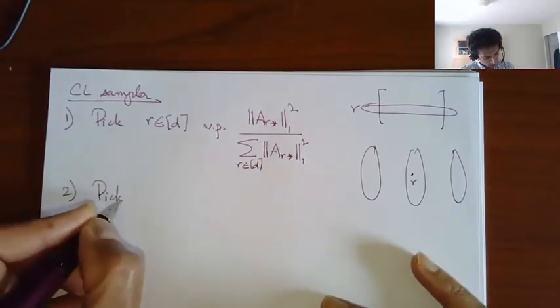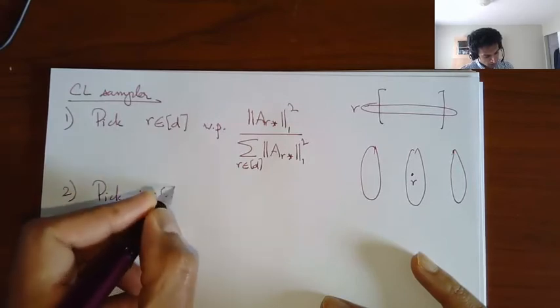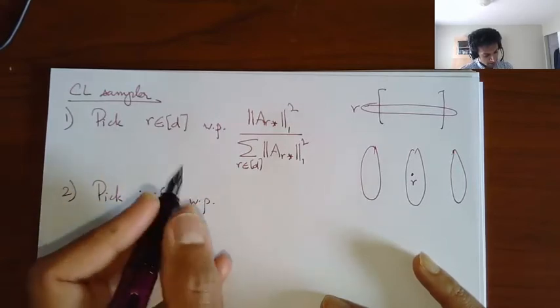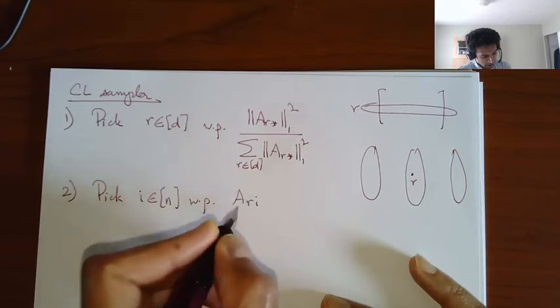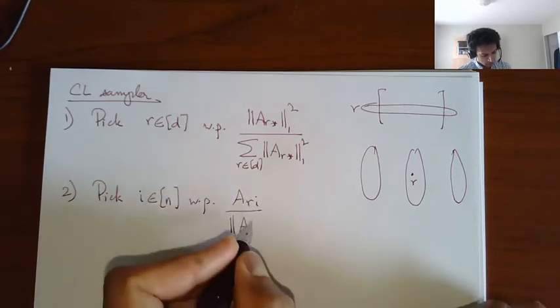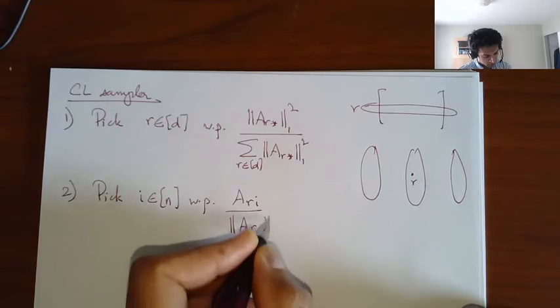Then I pick an i in n with probability A r i divided by the sum of entries over here.